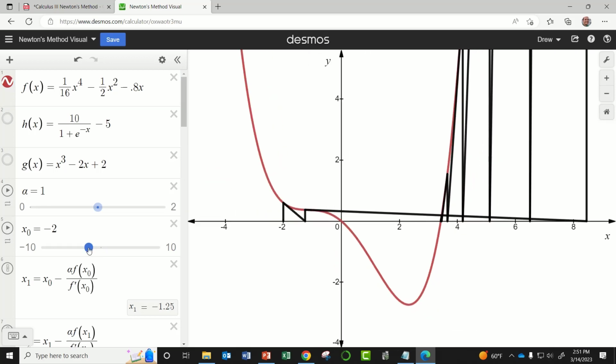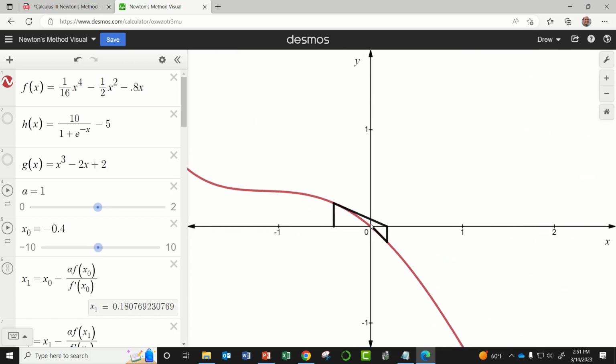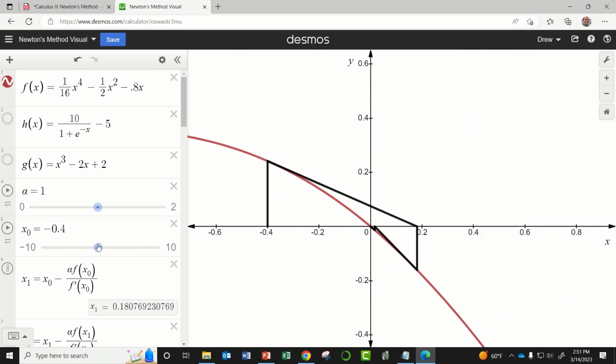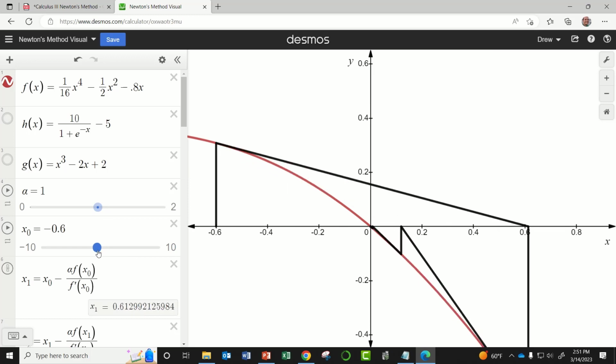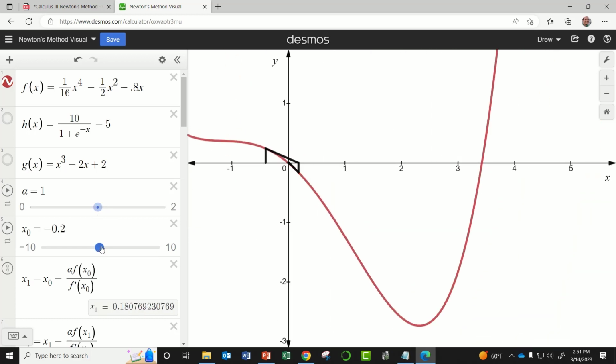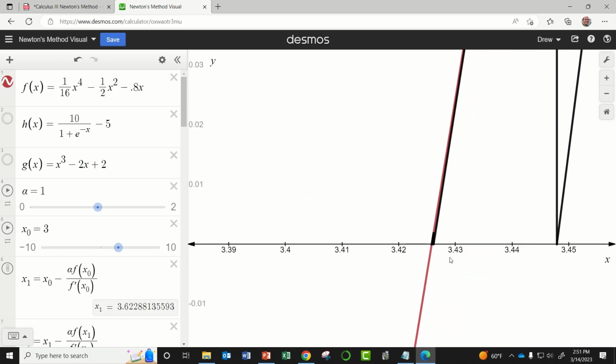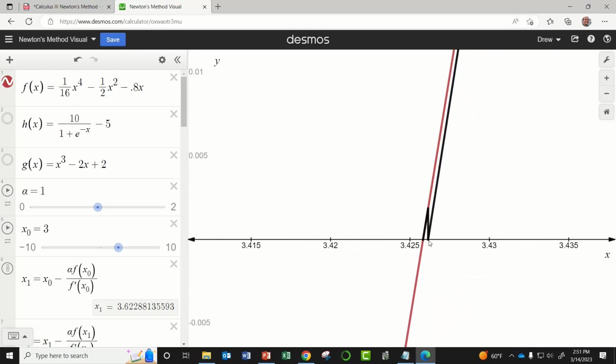Okay? Of course, if I start with something pretty close to 0, then most of the time it converges into 0. And if I start with something pretty close over to 3.4, it'll converge over to that 0 pretty quickly. And that's what it looks like over here.